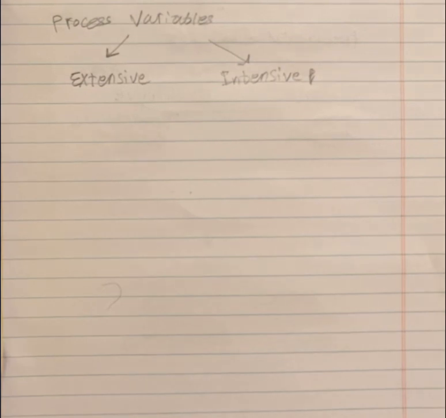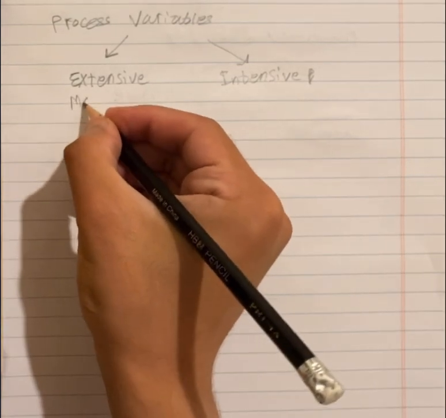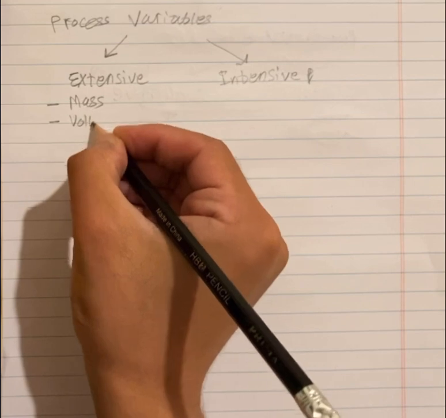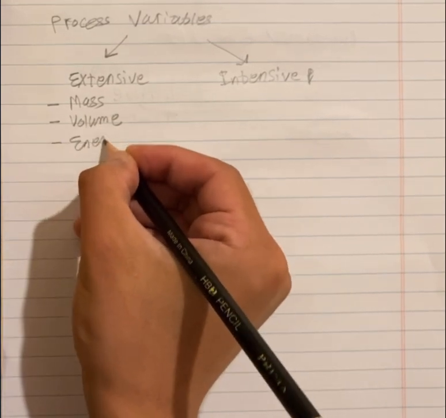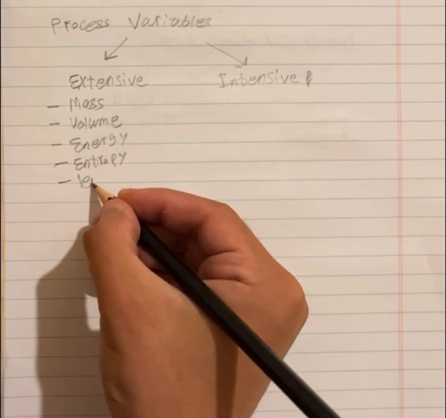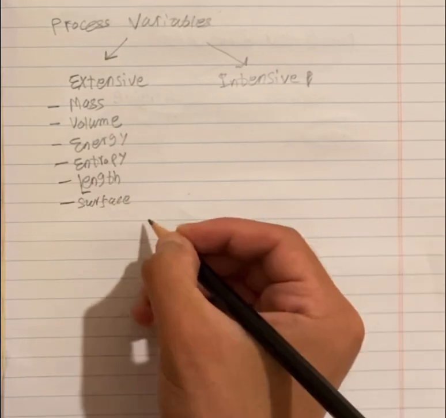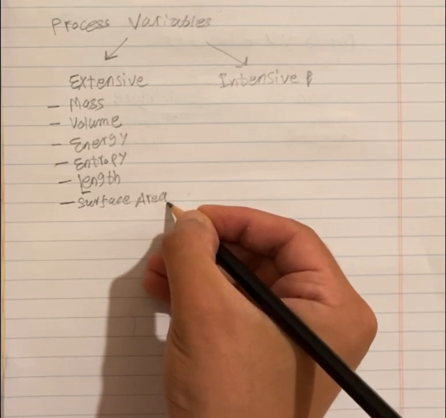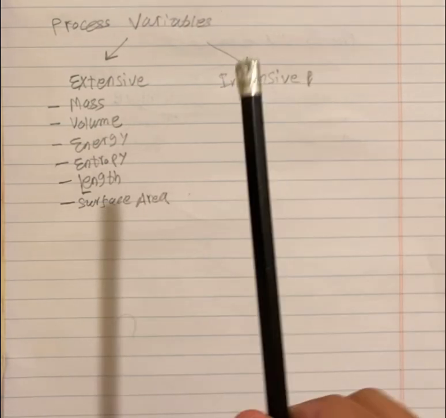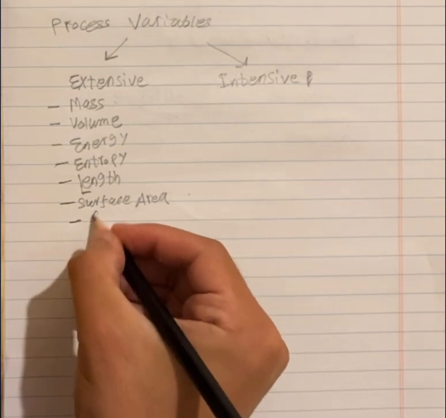That is intensive. An example of extensive property: mass, volume, energy, entropy, as we will see later on, length, surface area. We usually say mass, volume, but I wanted to add more: energy, entropy, length, surface area, also charge.